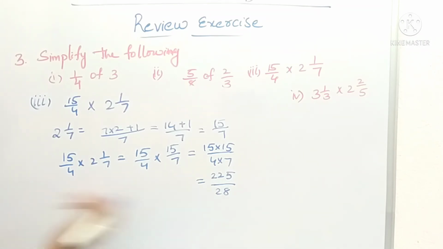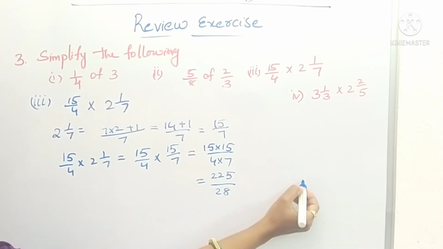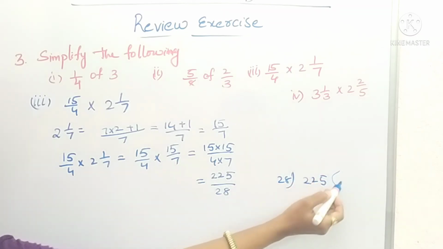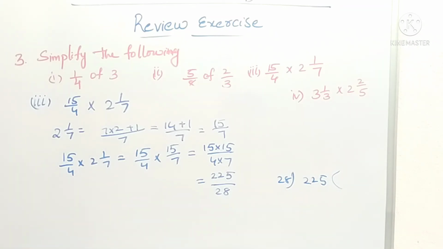Here we can do the cancellation also, not cancellation actually, we can do the division, that means converting into a mixed fraction. 225 divided by 28 we are doing.